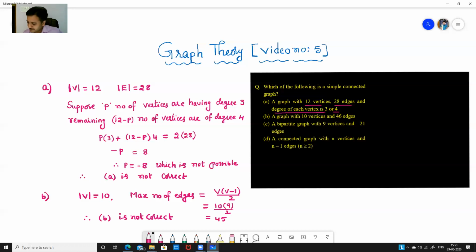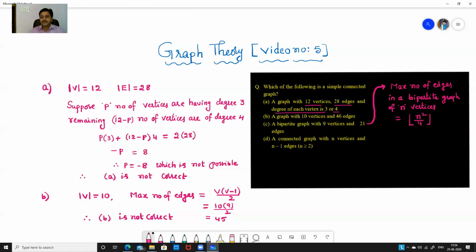Please observe the principle to solve this question. The maximum number of edges in a bipartite graph of n vertices is equal to the floor of n square by 4.